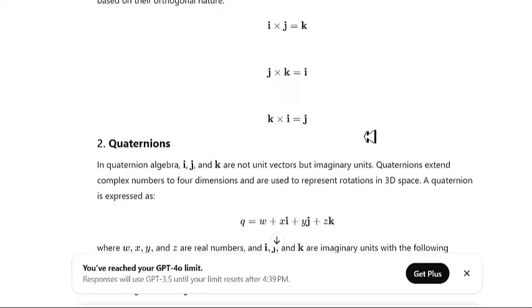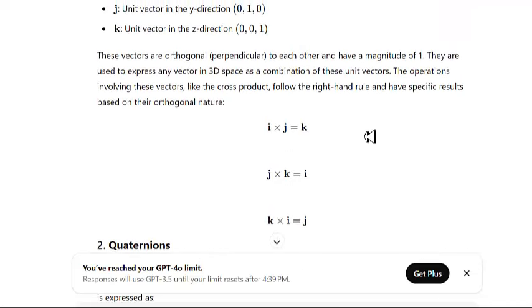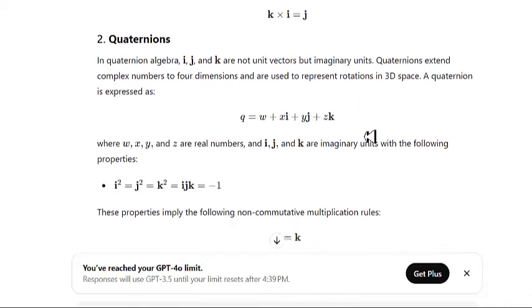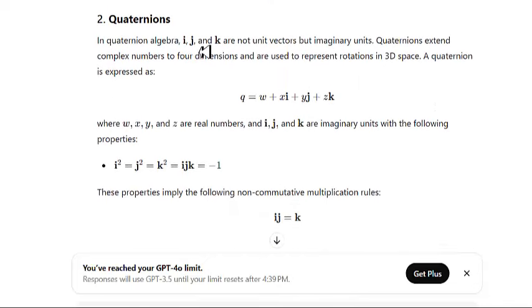But their functions are different. In quaternions, i, j, and k are not unit vectors, but they are imaginary units. So I agree with that. They're not unit vectors, but they are imaginary units.